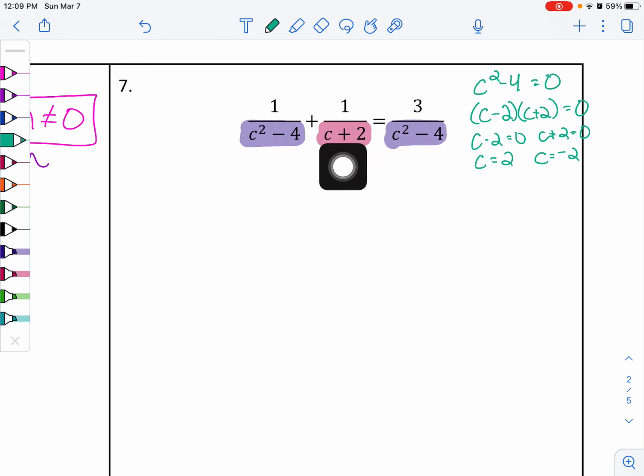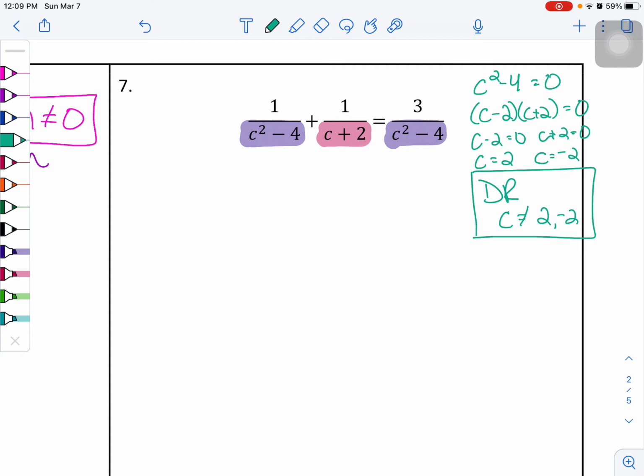So set each factor equal to 0. So c equals 2, c equals negative 2. Now, if you wanted to, you could set c plus 2 equal to 0 as well, or if you recognize you've already done that right here, c plus 2 equals 0, you don't have to repeat it. So domain restrictions, c cannot equal 2 or negative 2. All right, so those are my two domain restrictions.